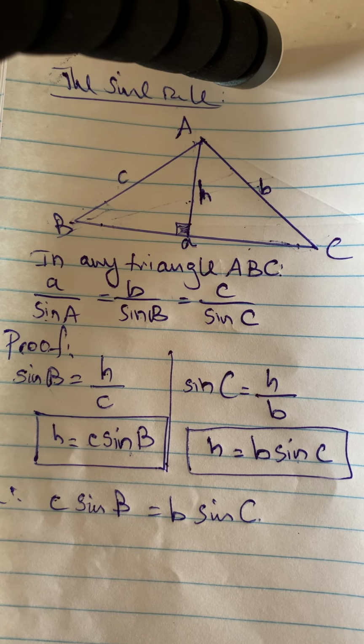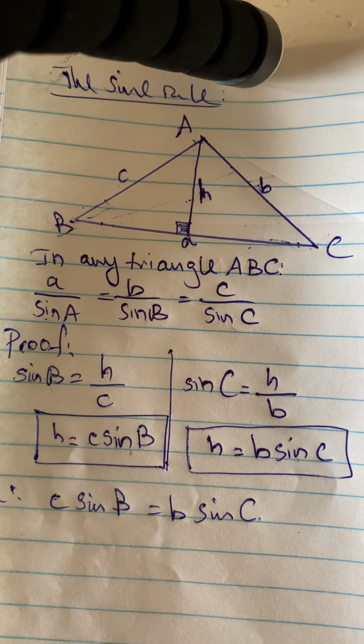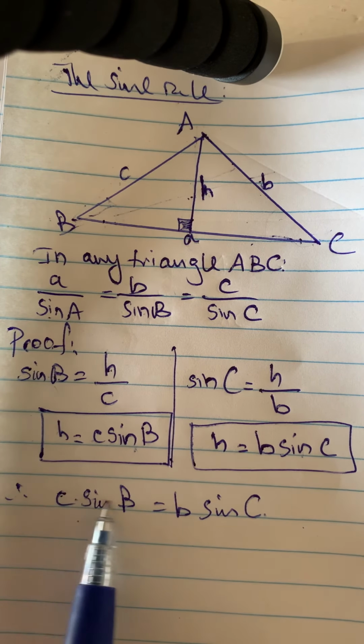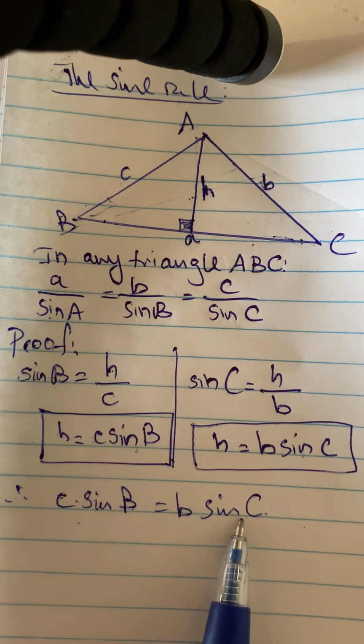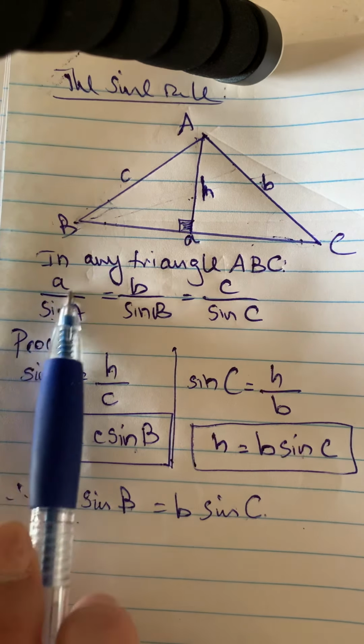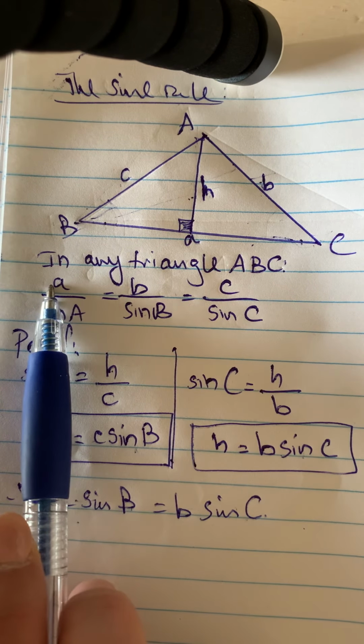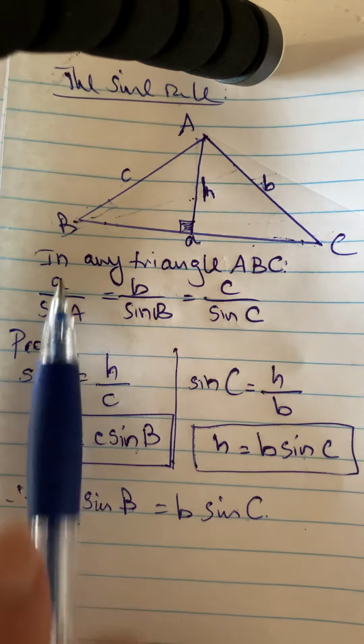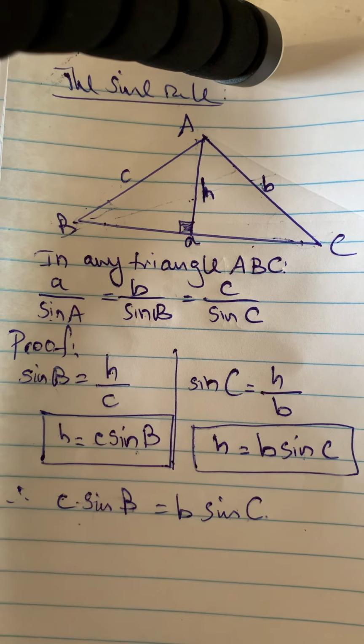Now, look, there's a quick way to do this, but I'll show you the longer way because it makes sense. So let's divide both sides by sine B, then sine C, because remember the way we wrote the rule, we had the side at the top. So let's get rid of the angles.